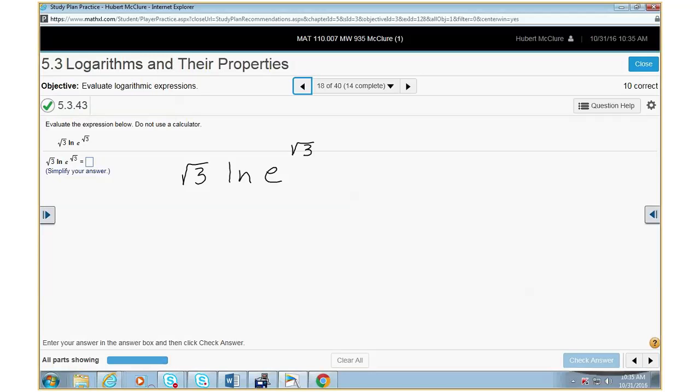Log base a of x to the r equals r log base a of x. In other words, what can I do with the power right here? Bring it out front. That's what the power rule says.